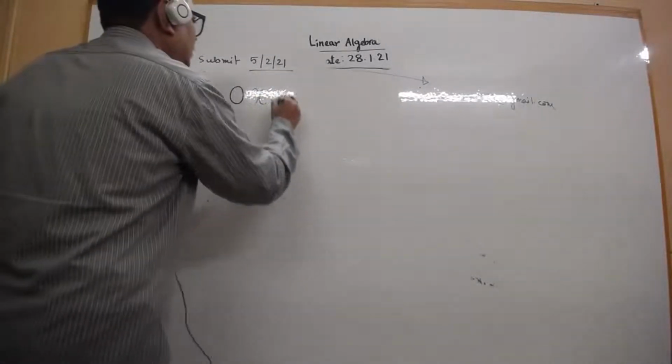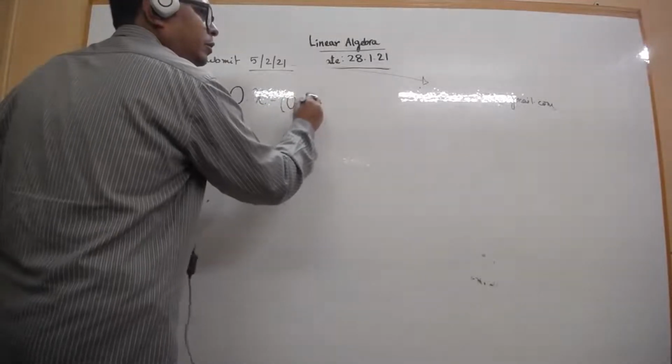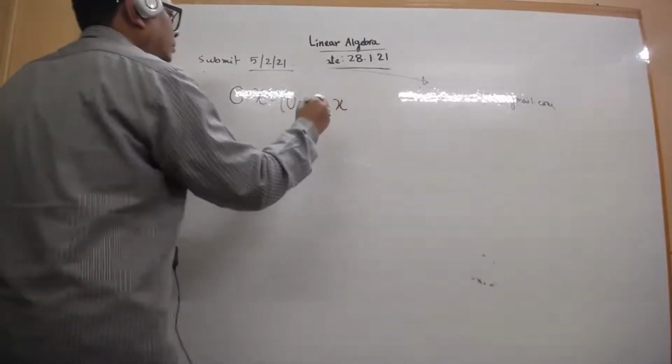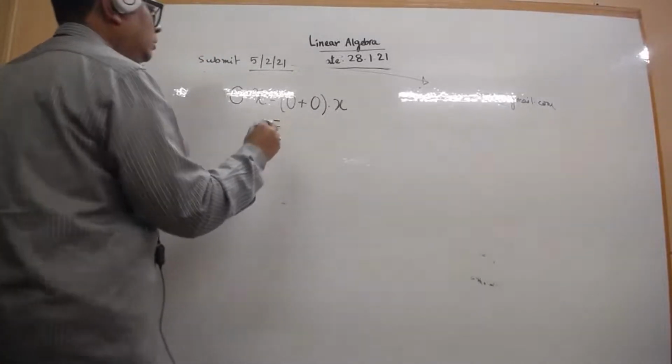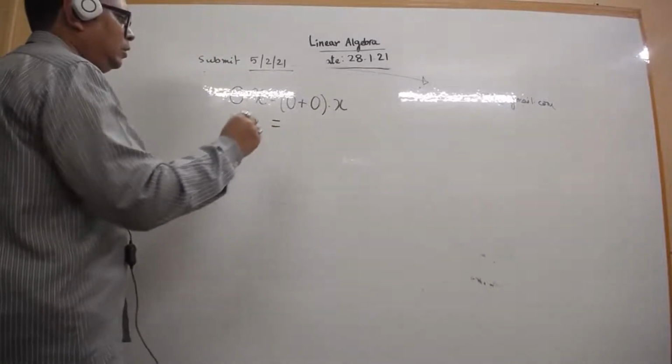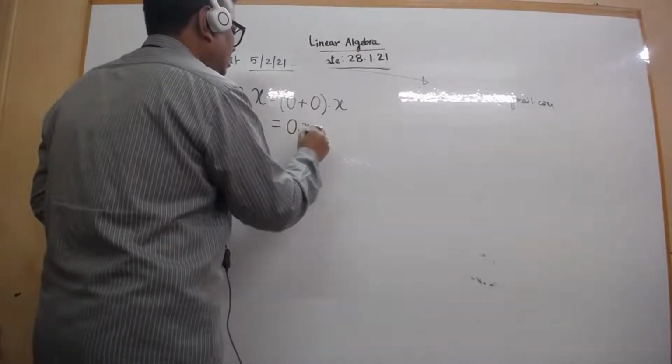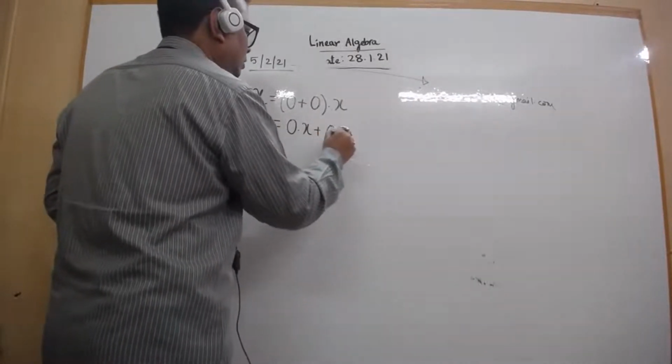I write 0 as 0 plus 0, into x. So this is equal to (0 plus 0) into x.